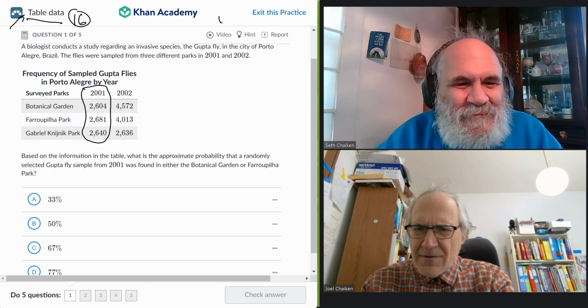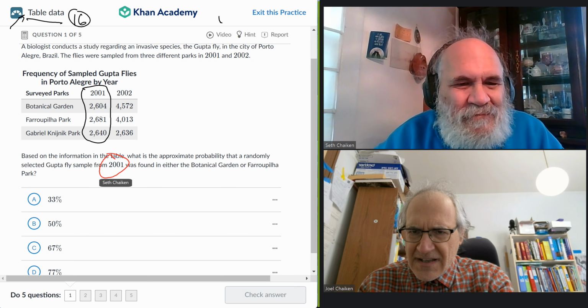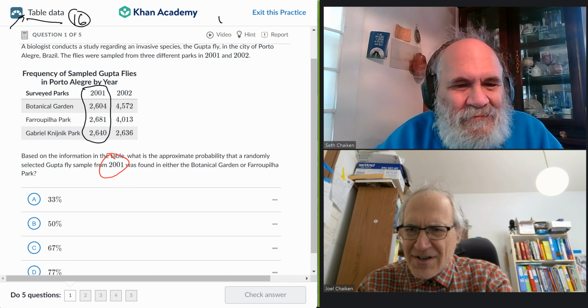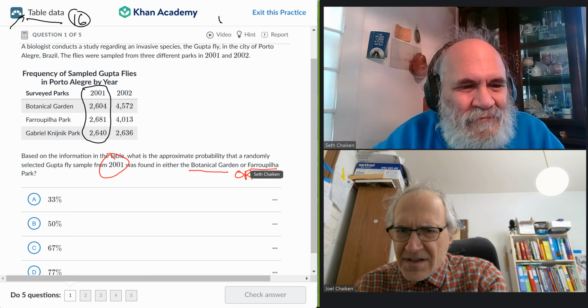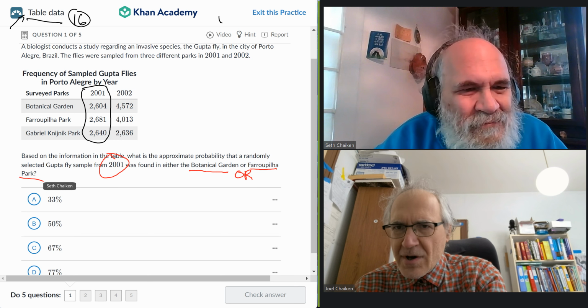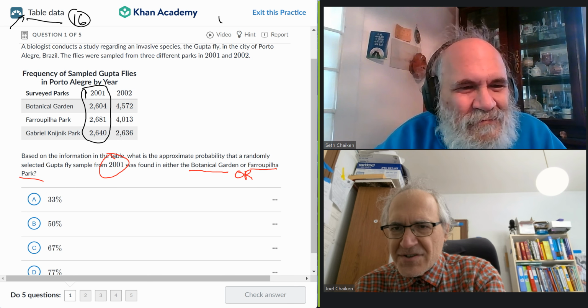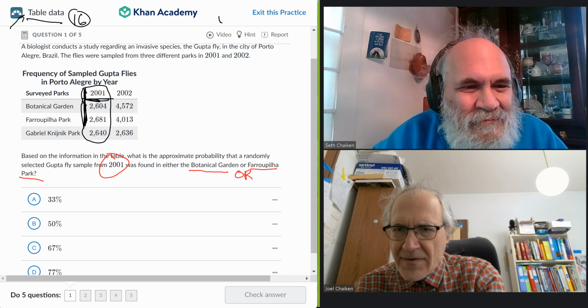2001 was found in either the botanical garden or, let's make these darker, these guys. It's an or, right?